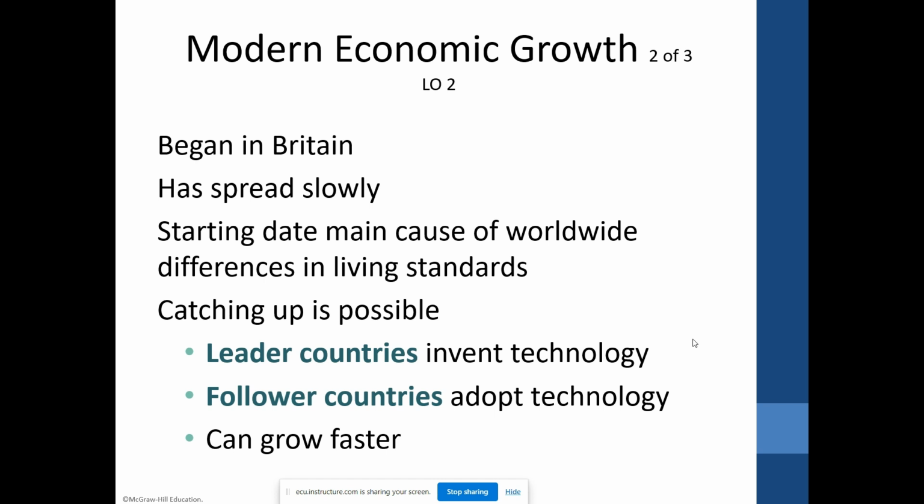These discrepancies in growth rates have led to a great difference between the wealth of nations that have experienced modern economic growth and those that have not. Thanks to technology diffusion, those poorer nations can catch up. Developing economies can grow faster than the developed ones because of a catch-up.